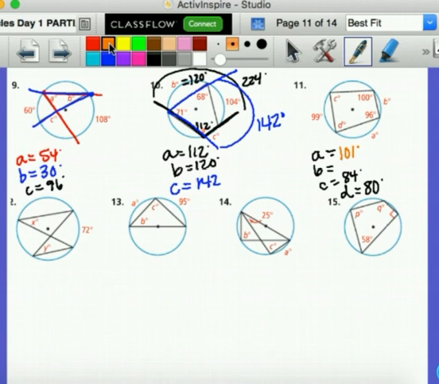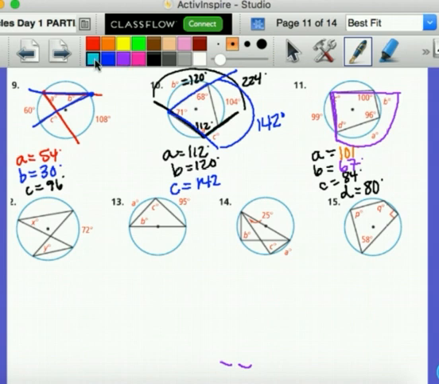So now that I know that, I can also open up this C angle here, which I already know is 84, and if I double that 84, I've got 168 degrees. I already know that A is 101, so if I take that out, I've got 67 degrees left.